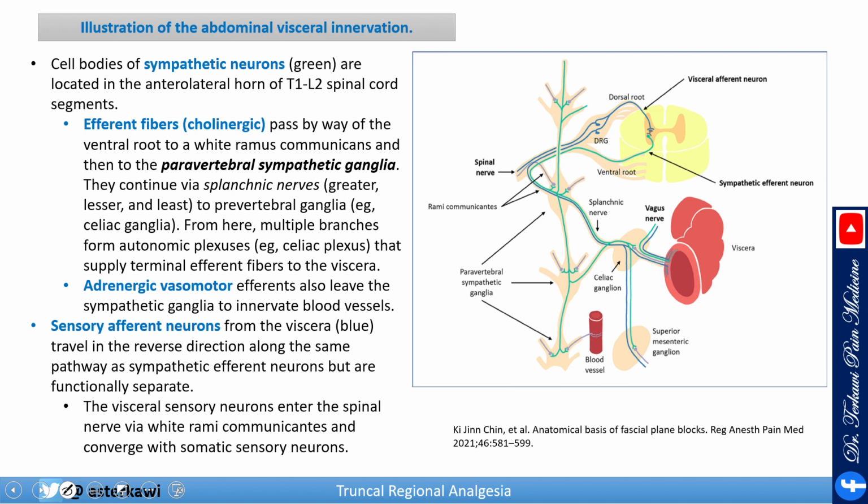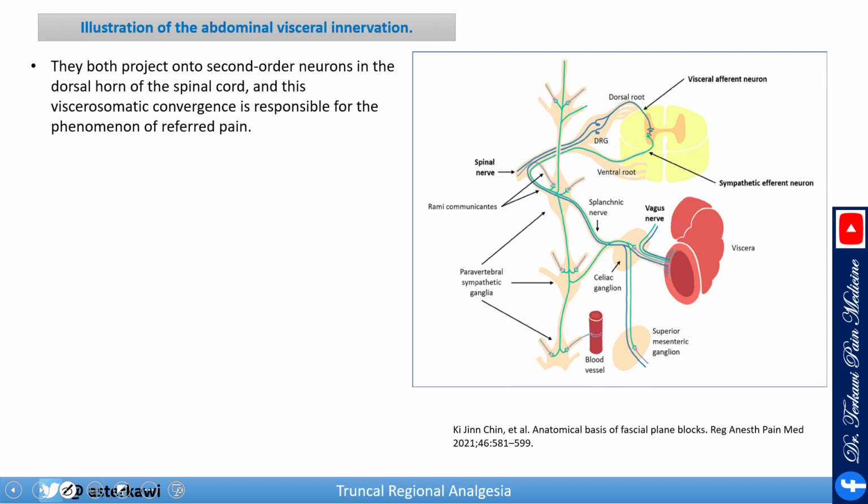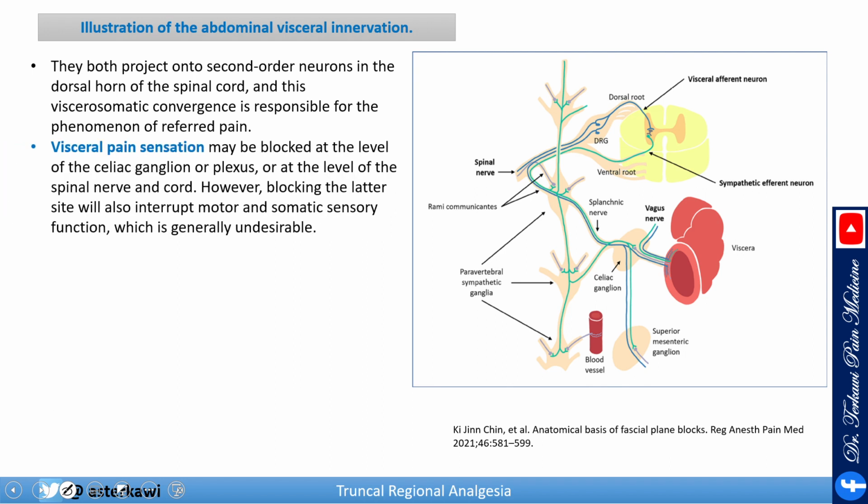The visceral sensory neurons enter the spinal nerve via the white rami communicantes and converge with the somatic sensory neurons. They both project onto second-order neurons in the dorsal horn of the spinal cord, and this viscerosomatic convergence is responsible for the phenomenon of referred pain.